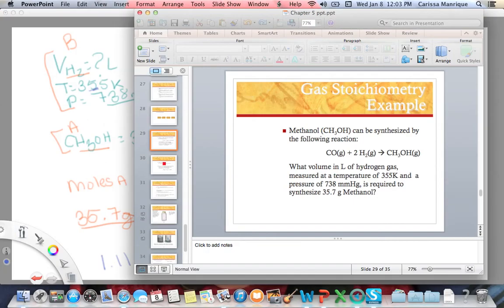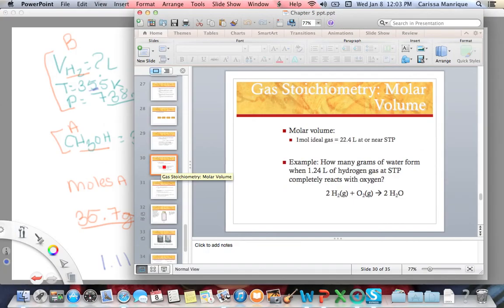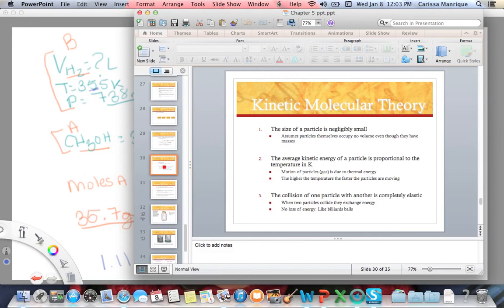That pretty much concludes the chapter. Let me see if there's anything else. There's the kinetic molecular theory here. This just says gas molecules are small, so the size of the particle is negligible.